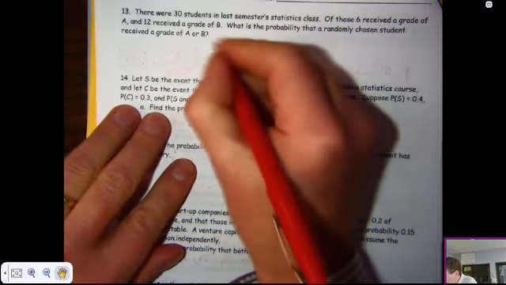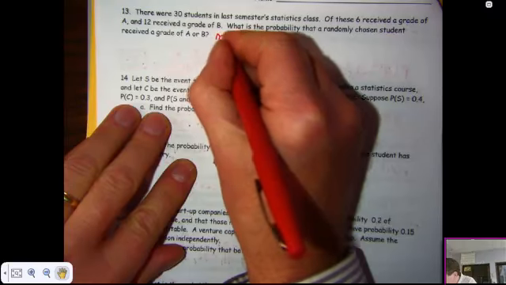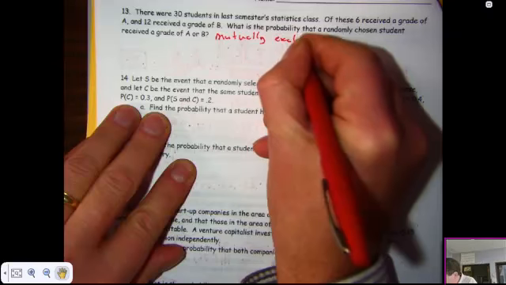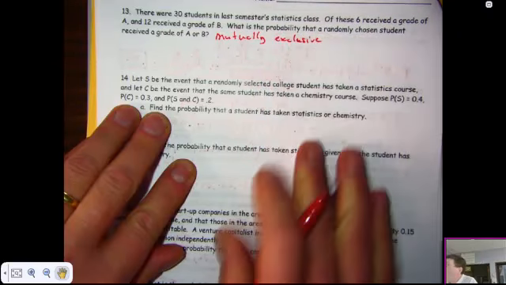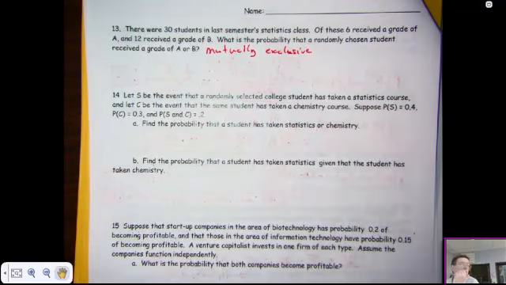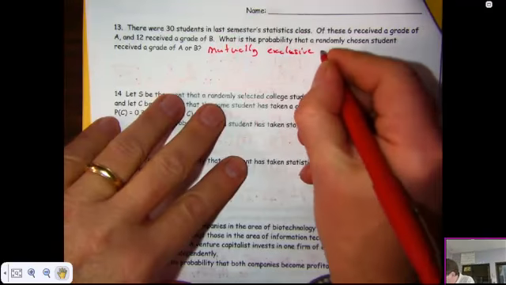Are these events mutually exclusive? Why? Because you can't have an A and a B. They cannot happen at the same time. You can't have both an A and a B. So our answer to that is yes.